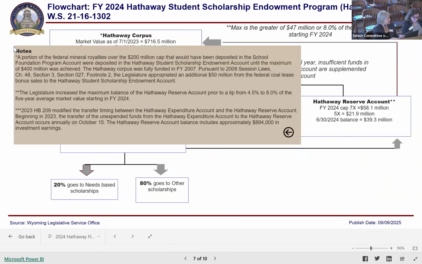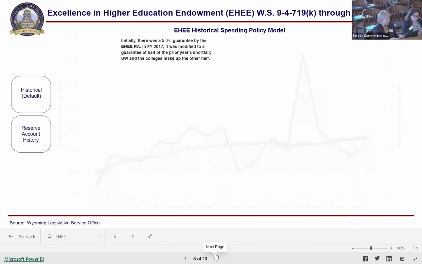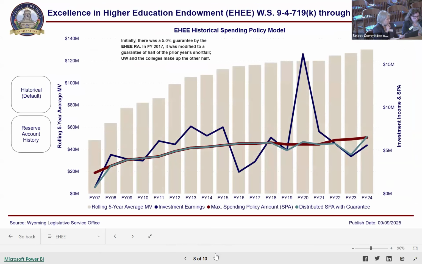And then slide 8, this is the Excellence in Higher Education Endowment. This fund from inception started out with the 5% spending policy amount guaranteed. The reserve account began to be depleted, really probably because the reserve account maximum in statute was too low, and it would cause corpus tips.